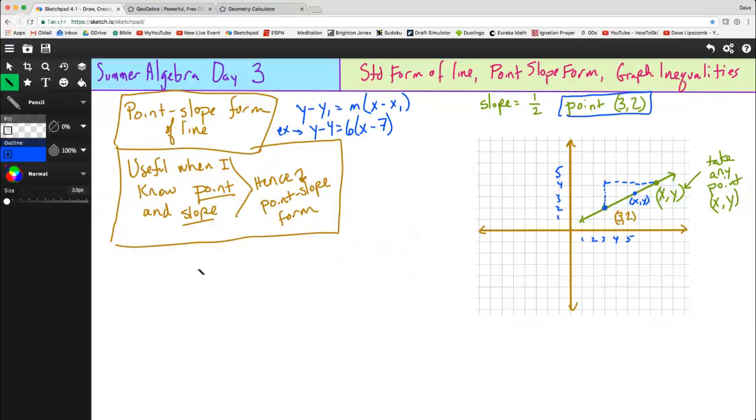So we know that the slope is equal to y minus y1 over x minus x1. Or, we could say the slope is y2 minus y1 over x2 minus x1. So we're going to call this point here our second point, kind of like our x2 and y2. And this here is going to be our x1 and y1.